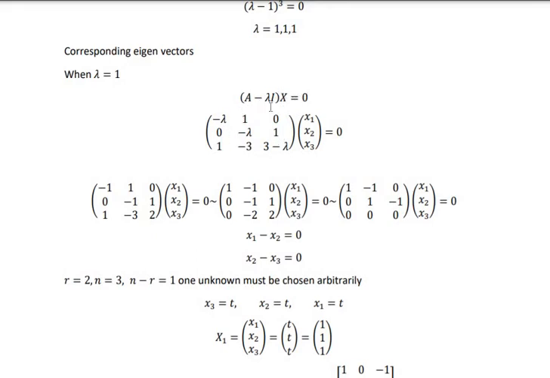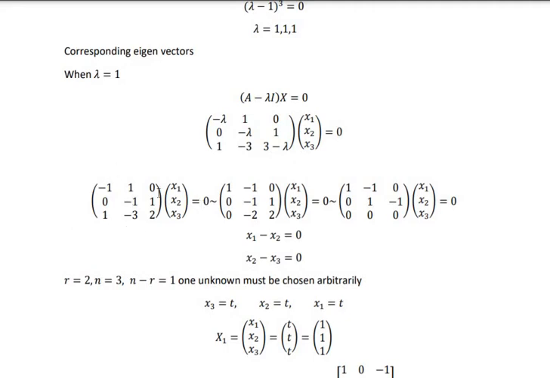That is minus lambda 1 0, 0 minus lambda 1, 1 minus 3 3 minus lambda, times x1, x2, x3, equal to 0. We can substitute lambda is equal to 1 in this equation. So you will get minus 1 1 0, 0 minus 1 1, 1 minus 3 2, times x1, x2, x3, equal to 0.